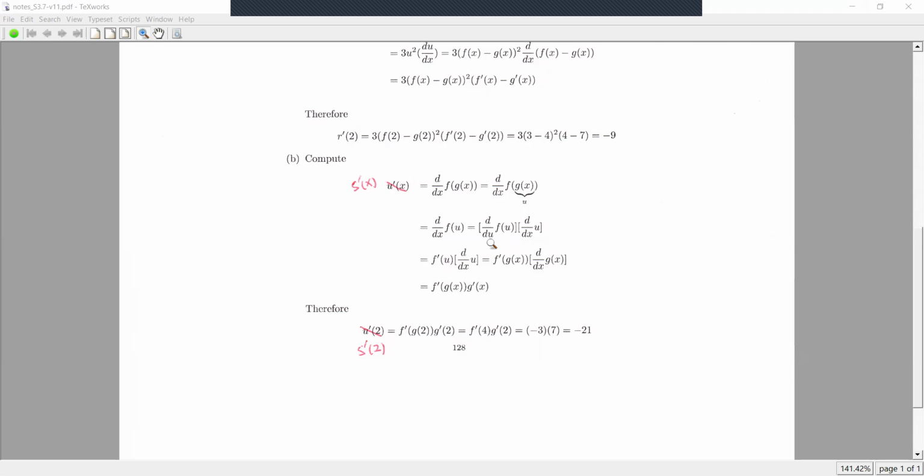In other notation, this derivative is f prime of u. Now, remove u by plugging in g of x, then we have this equation. The derivative of g of x with respect to x in other notation is g prime of x. This is the result of the derivative of S at the point x.